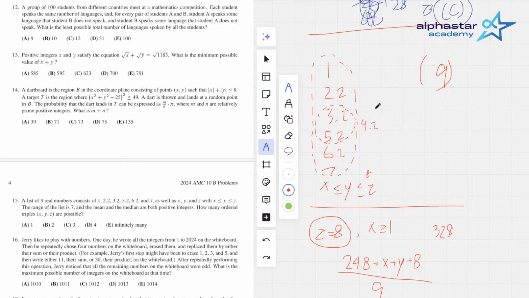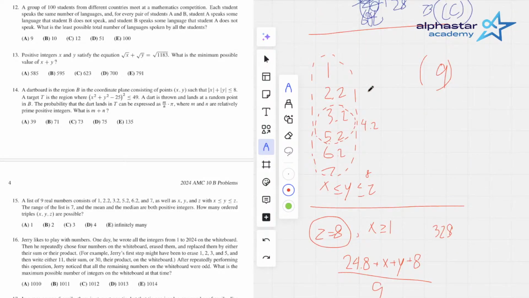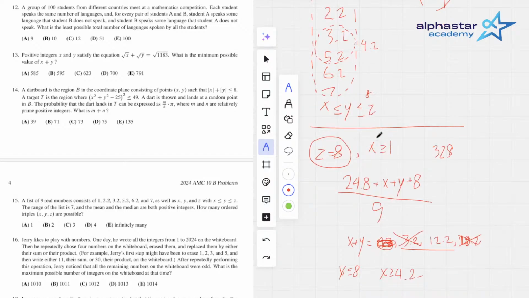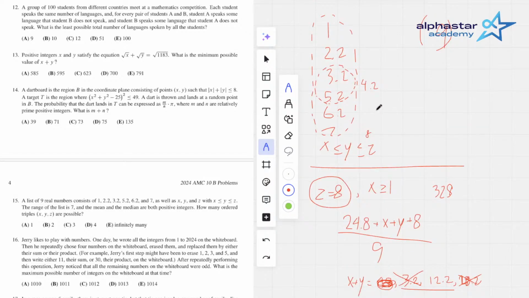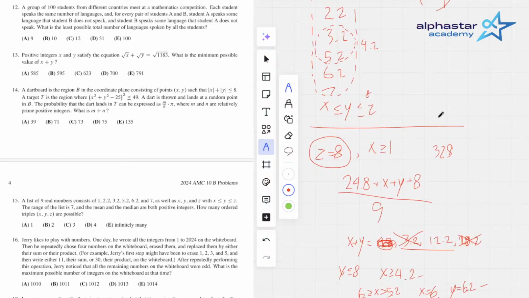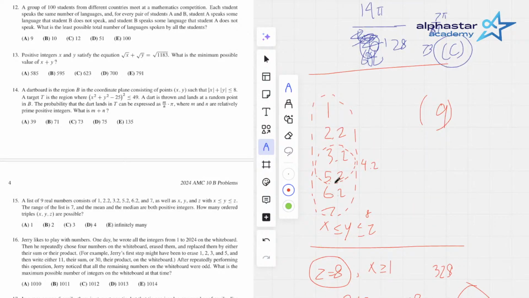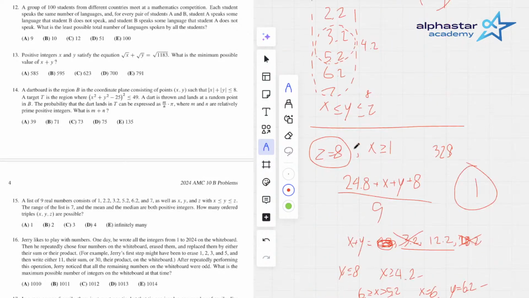So the median would be 5.2 there. So x has to be greater than 5.2, and it has to be an integer. But it's also less than 6. So then x has to equal 6, and y equals 6.2. And I think that works. So this gives us one possibility. 1, 2.2, 3.2, 5.2, 6, 6.2, 6.2, 7, 8.